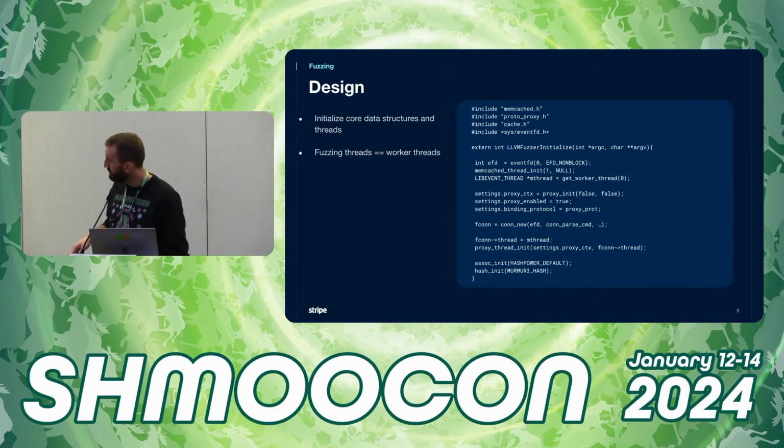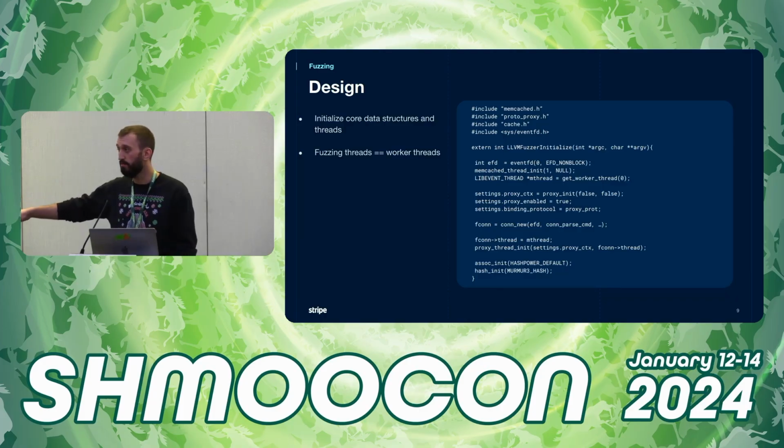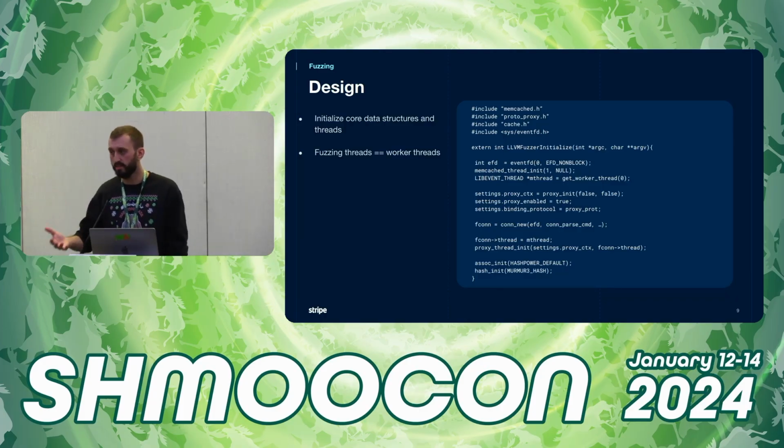But this is a little bit of pseudocode of how we were able to do this. We used AFL. If you're familiar with AFL, you should be familiar with what this is doing here. This is essentially an initialization function where we can link against some of the object files created by Memcache during compilation, and then instantiate some of the necessary proxy code that we need to be able to fuzz it in a very targeted way.